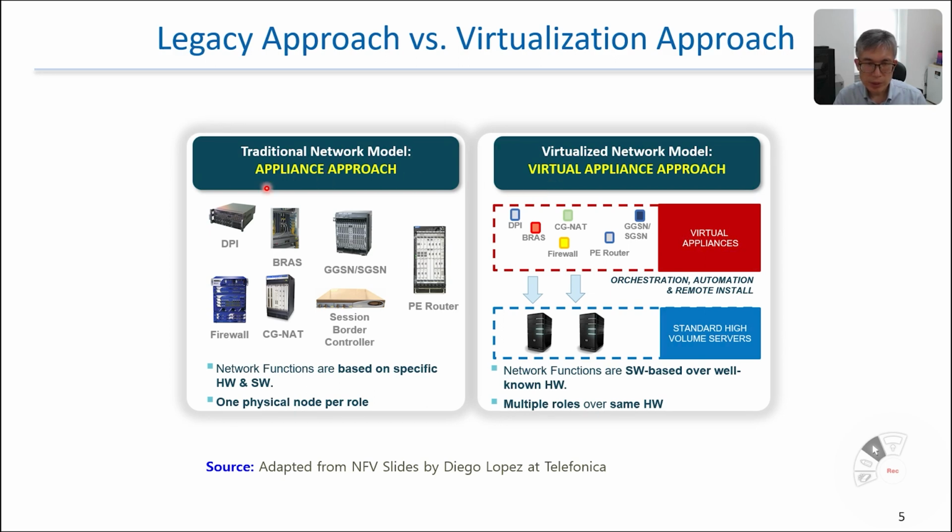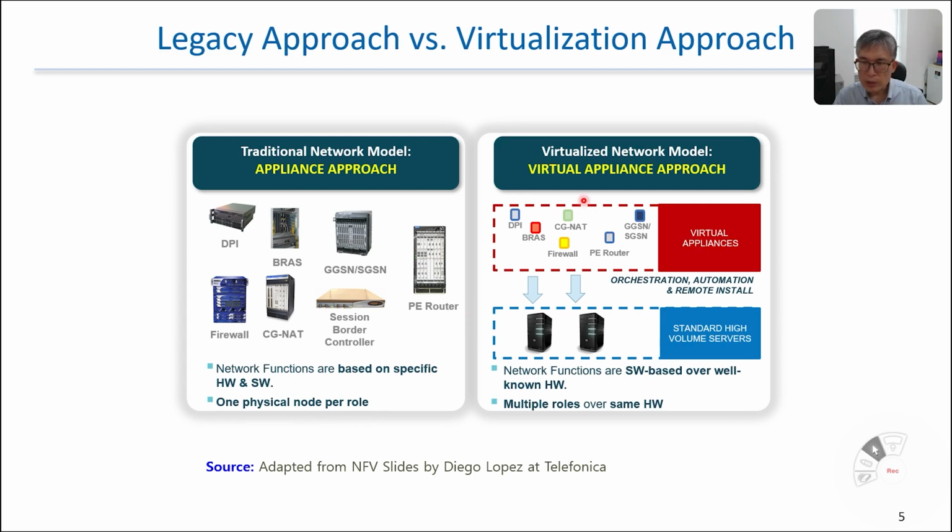Basically, in the appliance case, we have a hardware box with embedded software, a kind of middle box approach. Network functions are based on specific hardware and software together, one physical load per role.